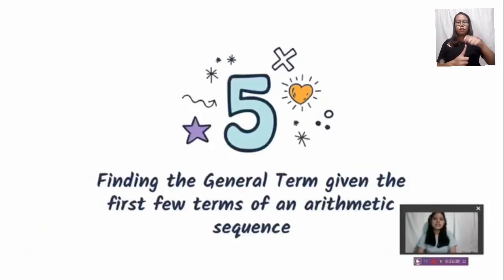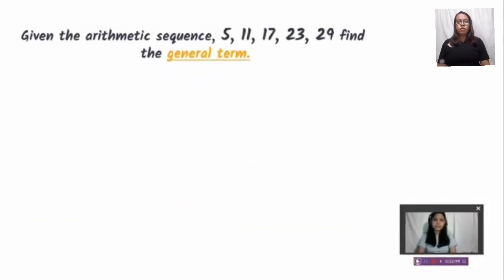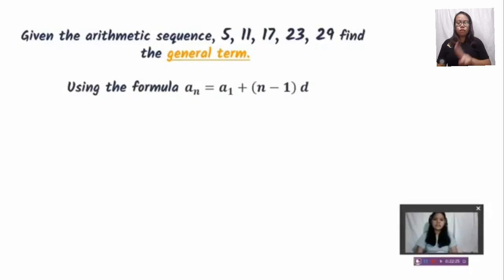Finding the general term given the first few terms of an arithmetic sequence. So given the arithmetic sequence 5, 11, 17, 23, and 29, we need to find the general term. So using the formula, a sub n is equal to a sub 1 plus the quantity n minus 1 times d.